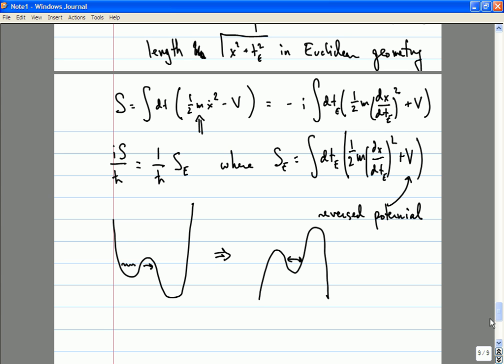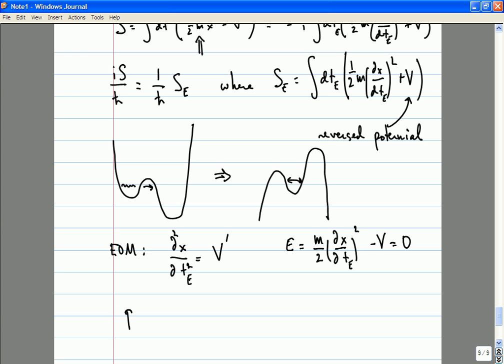So the usual equation of motion would say that the second derivative of x with respect to time is minus V prime, but now, because we've changed the sign of the potential, it's plus V prime, and there is a conserved quantity associated with that equation, which is the energy, which is now not T plus V, but is T minus V. So that the momentum p, which is m x dot, is, by this equation for E, just the square root of 2m times (V minus E).